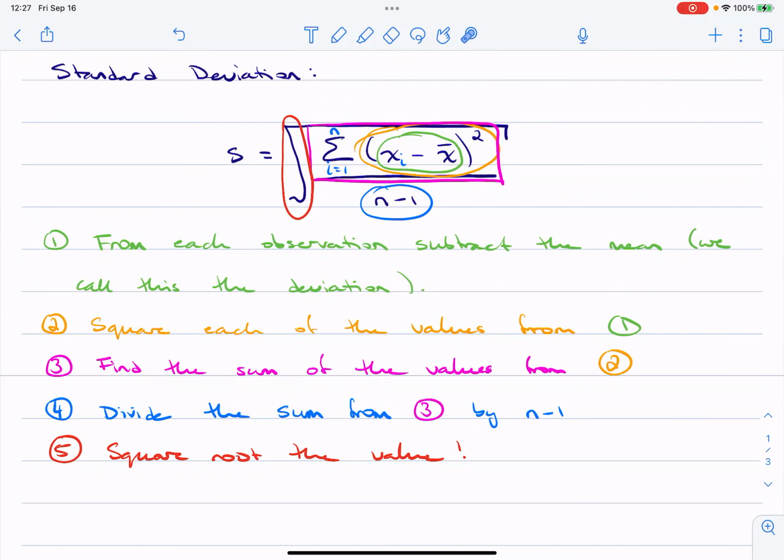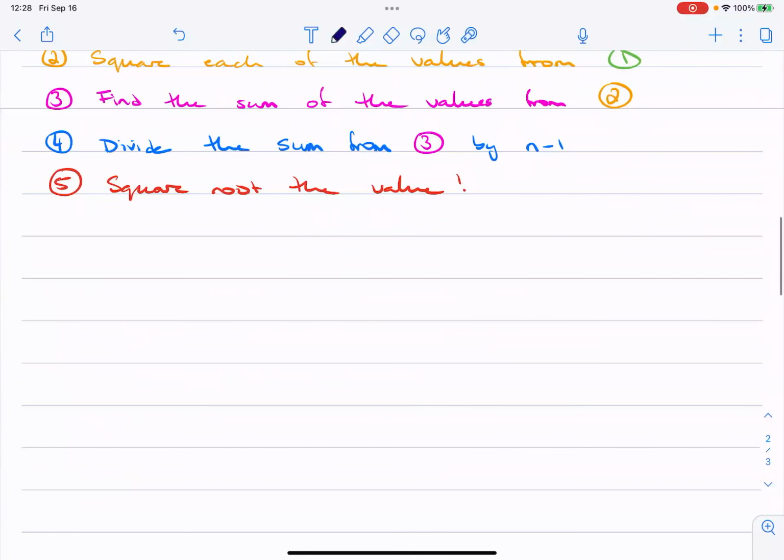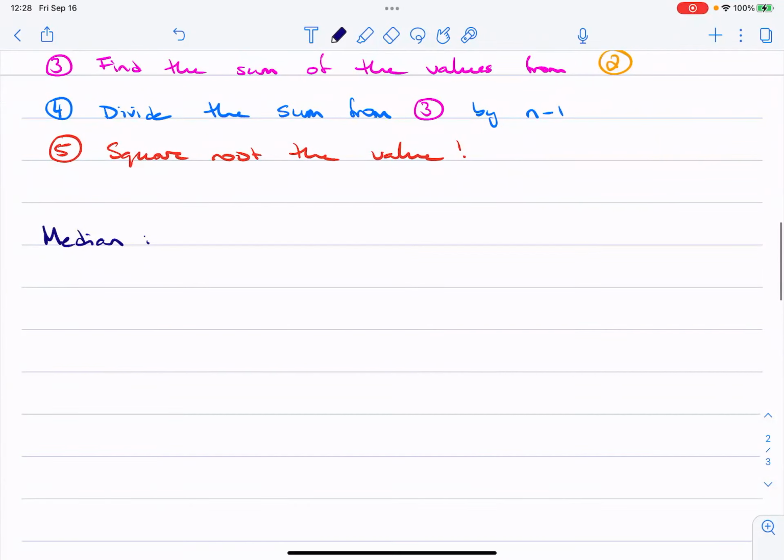All right. Then let's talk about the median. So the median is the value that splits our data in half. So we have the lowest 50% below it and the highest 50% above it.